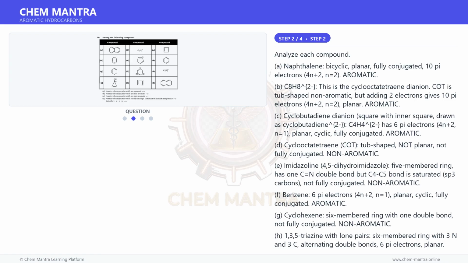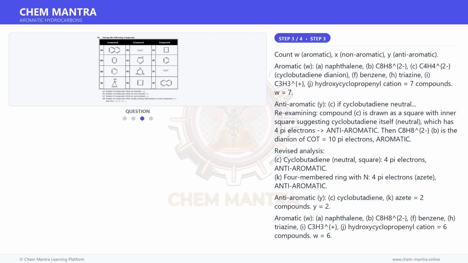Anti-aromatic. L. 1,2-dihydronaphthalene, 2 fused 6-membered rings, 1 ring is aromatic, benzene, the other has 1 double bond and 2 sp3 carbons. The molecule is not fully aromatic overall, it contains 1 non-aromatic ring. Non-aromatic as a whole molecule.